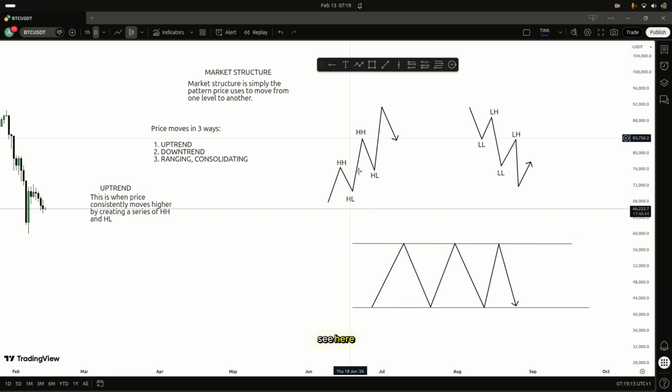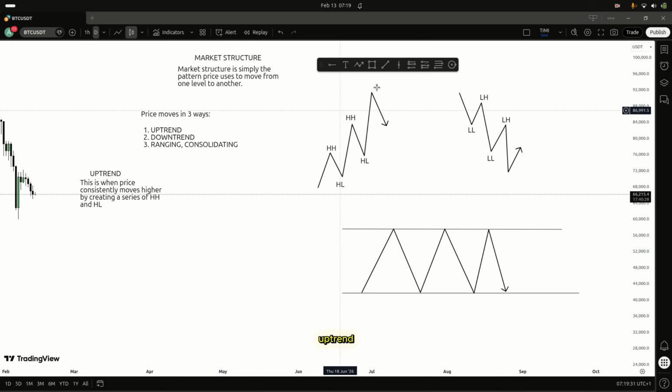Like we can see here, price will consistently move higher. When it went up, it came down, it kept pushing higher, retraces, kept pushing higher. So price will keep moving in this manner and it will just keep going higher. That's what we mean by price being in an uptrend.